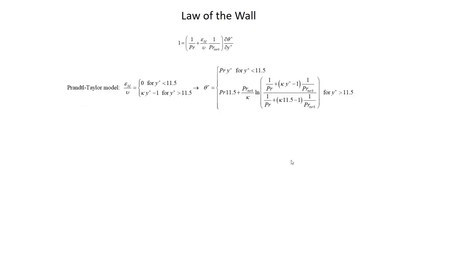So my solution is here: taking this differential equation and substituting in this model, I get these two different regimes. They match up right at 11.5, but they have very different behavior below and above 11.5.